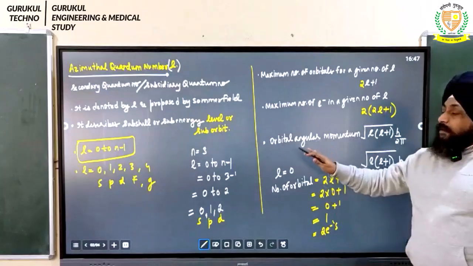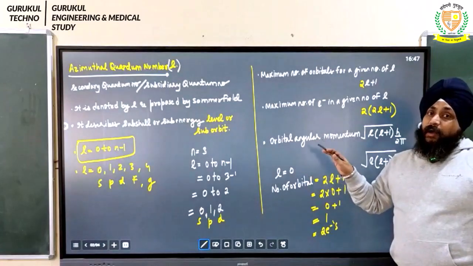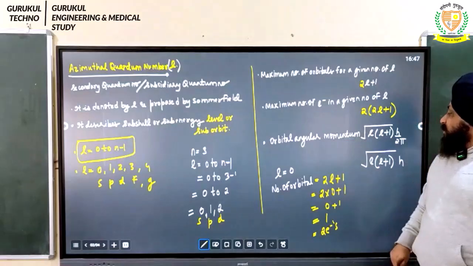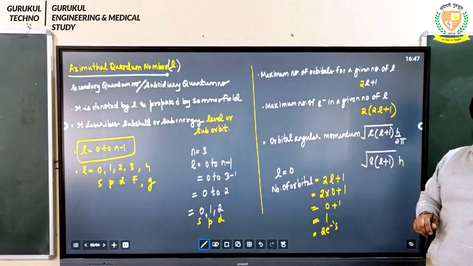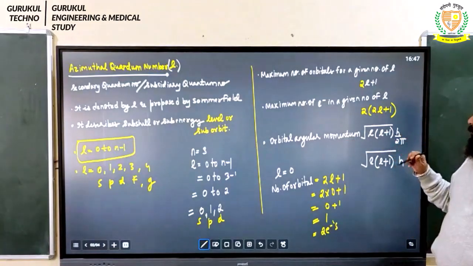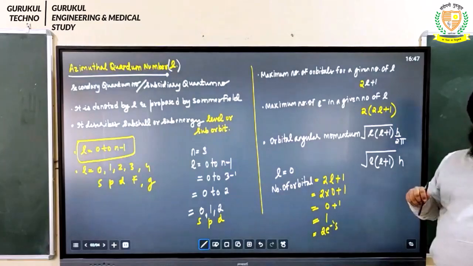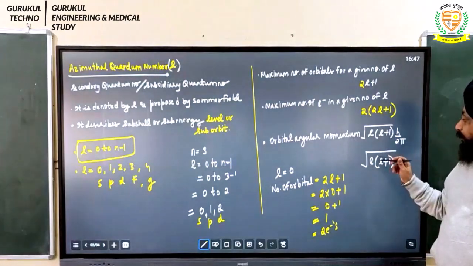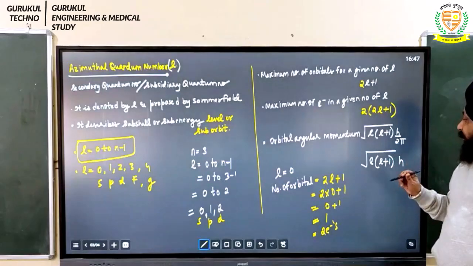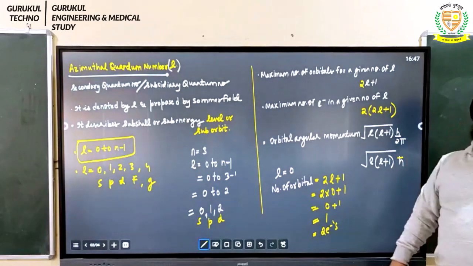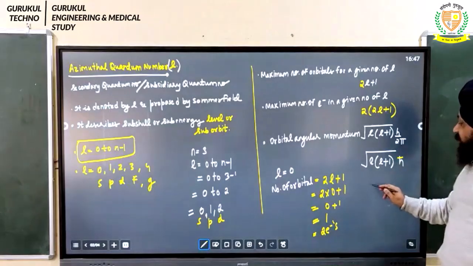Then this orbital angular momentum is given by the formula under root l into l plus 1 times h by 2 pi, which is under root l into l plus 1 times h-cut. What is this h-cut?